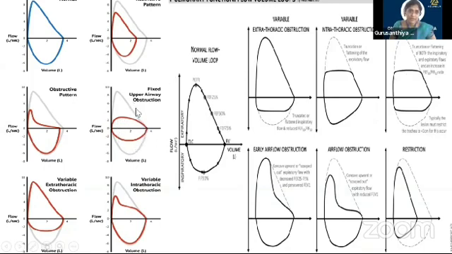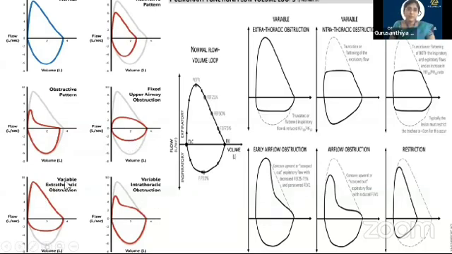As you can see in the fixed upper airway obstruction, there is a definitive obstruction. So it is there both for inspiration as well as expiration, provided the obstruction is fixed. So you just inspire against an obstruction and expire against an obstruction. So both the volumes are going to decrease, like the inspiratory curve as well as the expiratory curve.